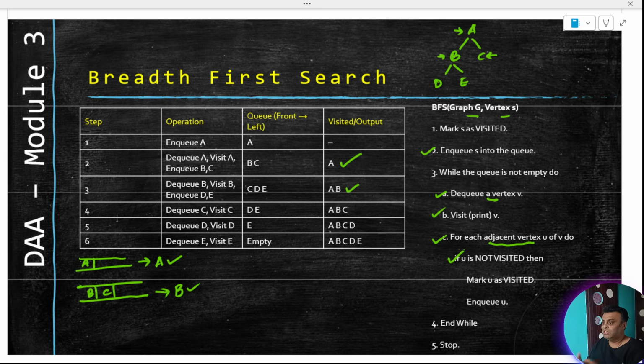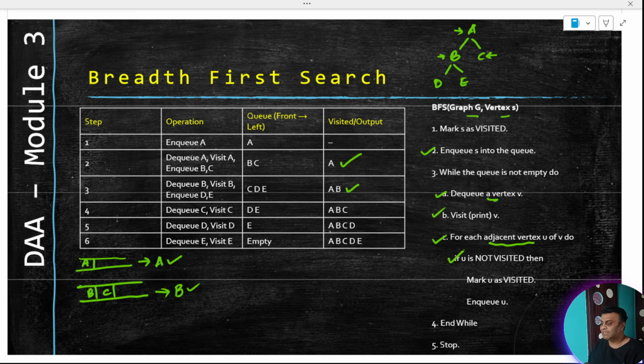So we will dequeue B, visit B, and enqueue C and D, right? So once B is dequeued, I am in a position to take the next level of nodes in order, because that level of node is already taken off. It's in the queue. It will be processed, right? The next level, let's take it, which is C and D.